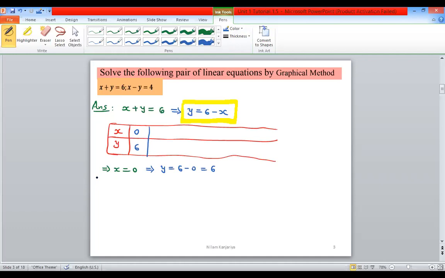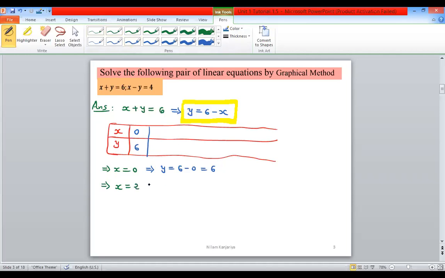Take another value which you like, because you can choose x as any arbitrary constant number. And this depends on your choice, not my choice. Okay, students? So, second, you can take anything. x is equal to 2.